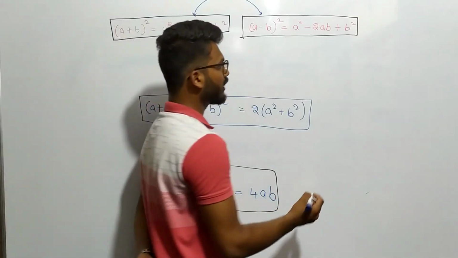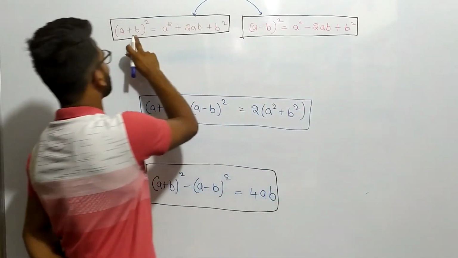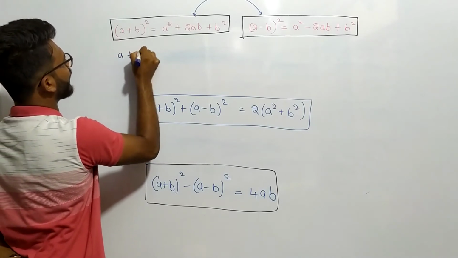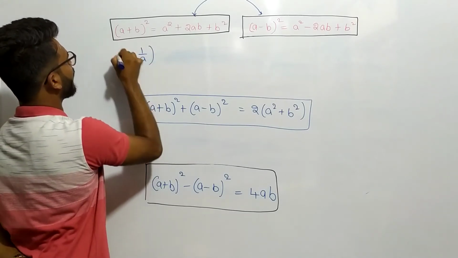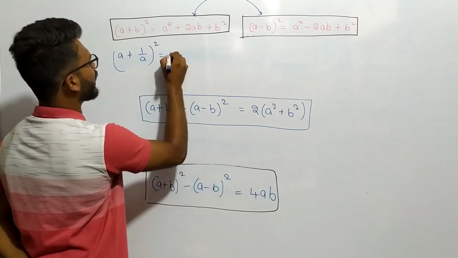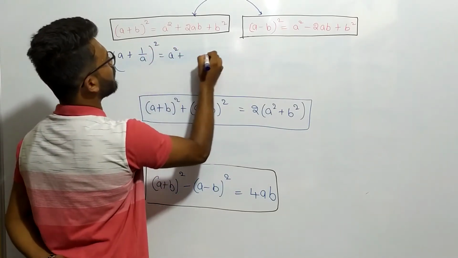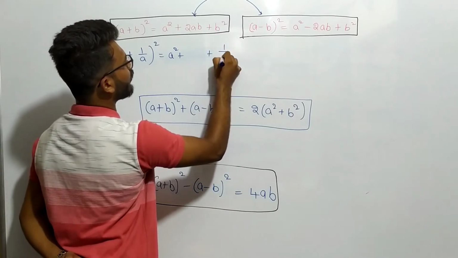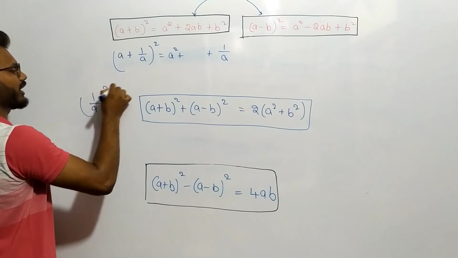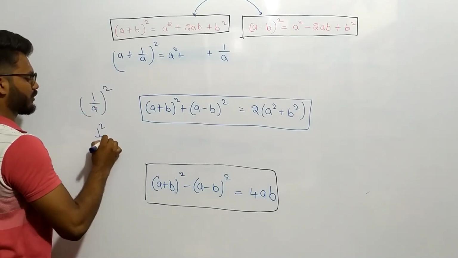See here, what will you get? In the place of b, if you write 1 by a, what will you get? (a plus 1 by a) whole square is equal to, what will you get? a square plus, in place of b, 1 by a whole square. b square is nothing but you will get 1 square by a square.